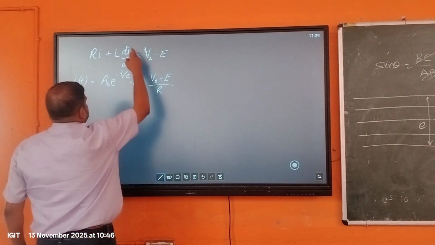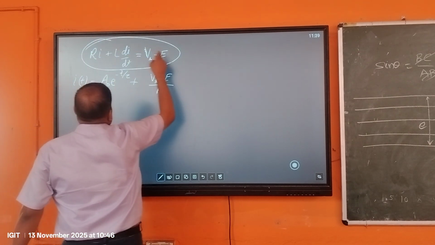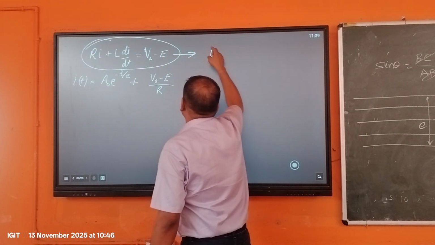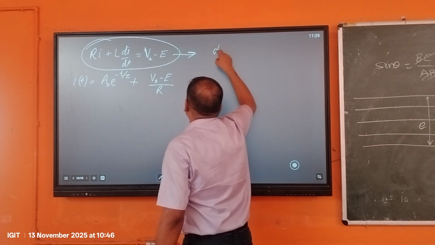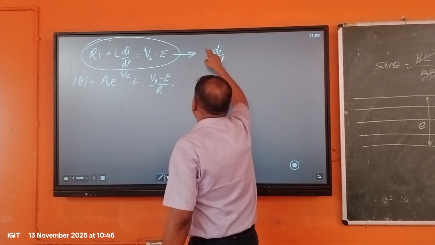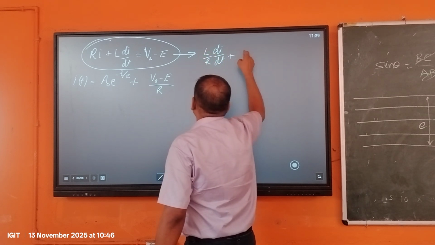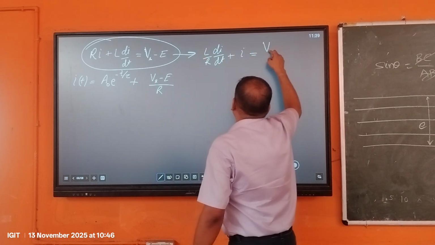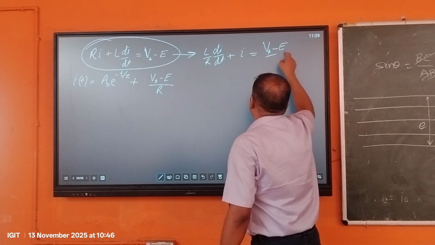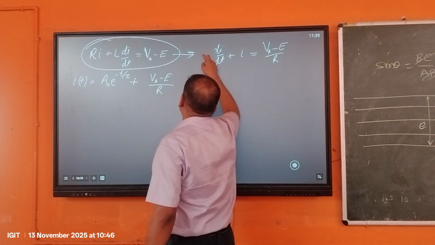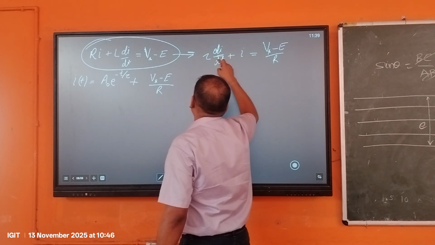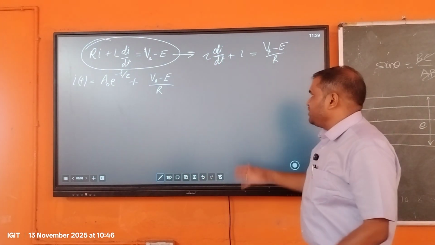Let me rewrite this equation once more. We can rewrite it as L by R di by dt plus I is equal to Vs minus E by R. We can write it like this, so this term is nothing but tau, where tau is equal to L by R. This is what is called the particular integral, and the other is the complementary function.